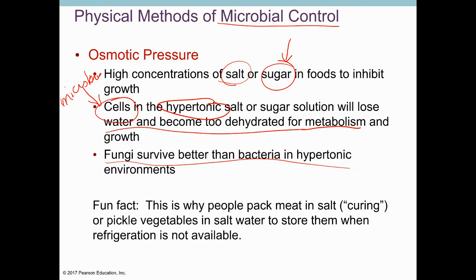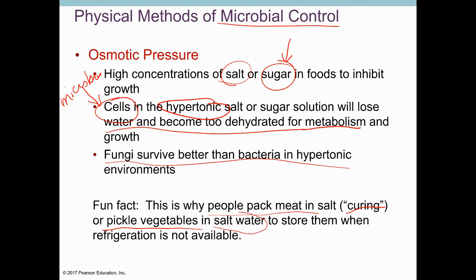So that's why people can cure their meat. We call it curing meat, and that's a way of preserving it to protect it from spoilage from microbes. And that's why we pickle things in a salt and vinegar solution.